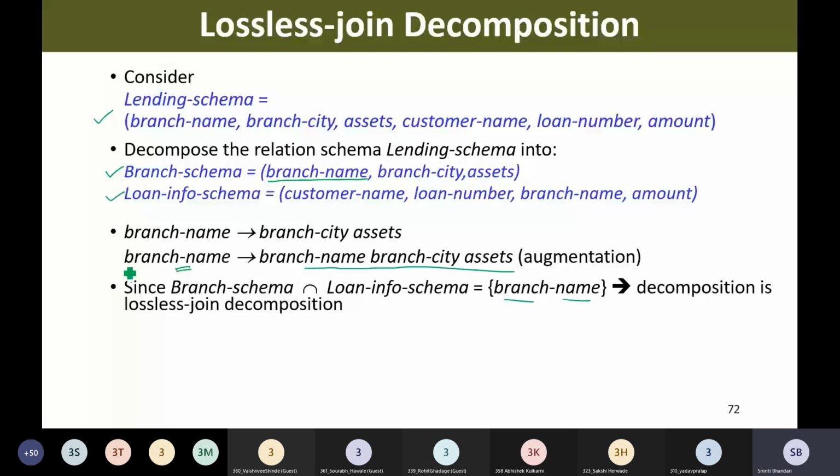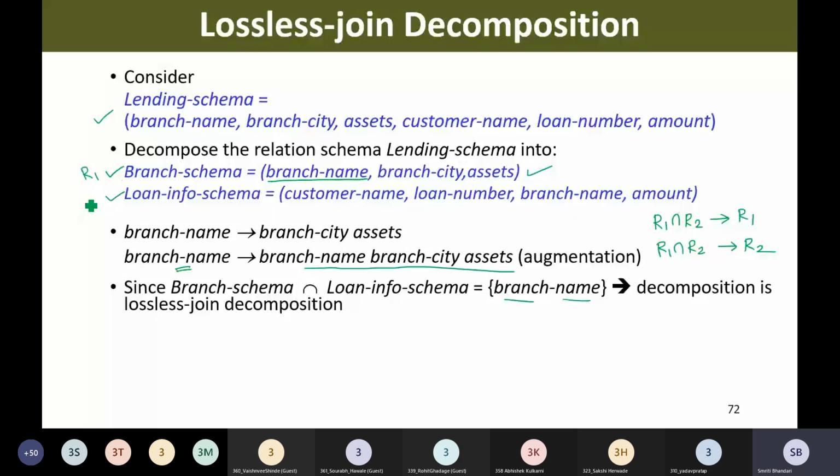Right? So the condition that we have stated is either R1 intersection R2 should determine R1, or R1 intersection R2 should determine R2. Here, if this schema is my R1 and this schema is R2, what is R1 intersection R2? It is giving me this branch name.